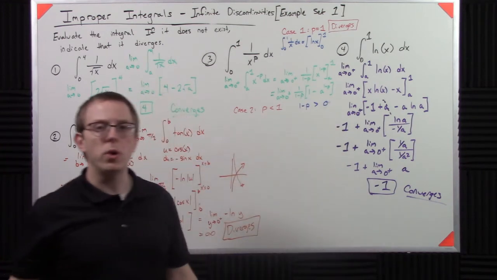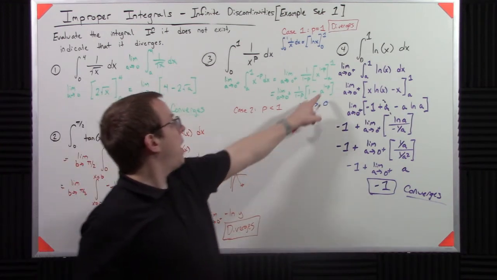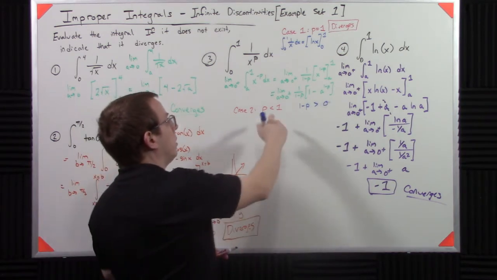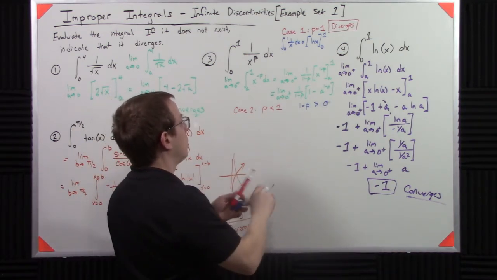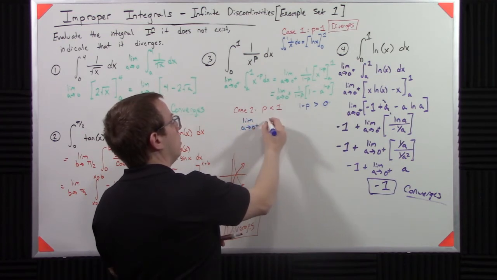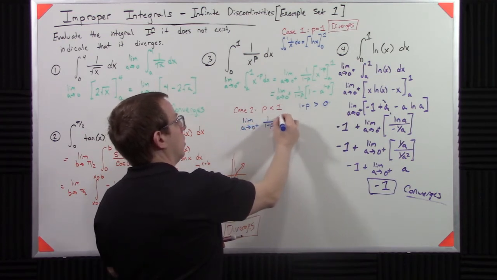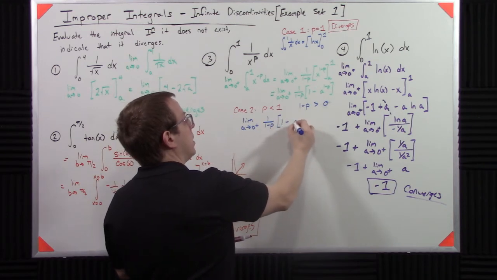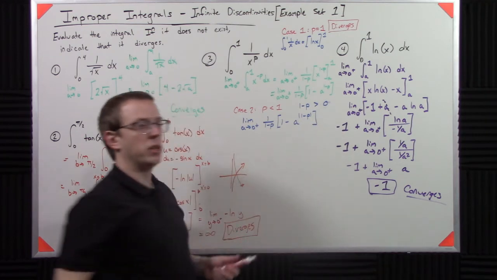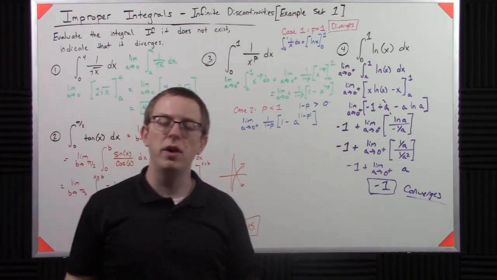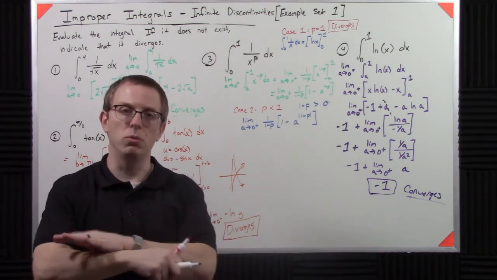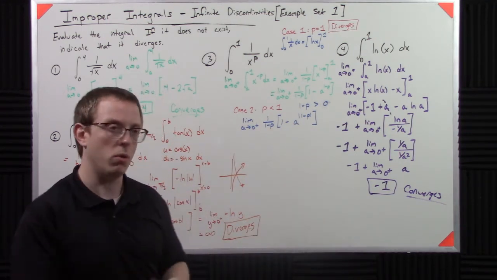Why does that matter? Because this is a positive exponent. So now I have the limit as a goes to 0 of a to a positive exponent. Well, 0 to a positive exponent is just 0. Not a problem.